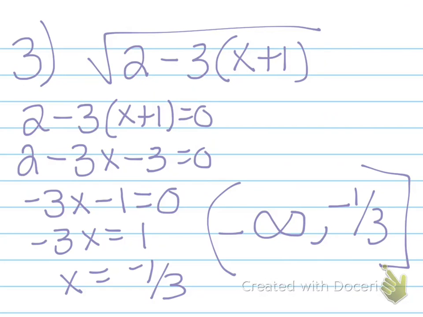If you're not following where the infinity sign goes, whether it can be greater than or less than, test a value, like I said, that's less than negative 1/3 and greater than negative 1/3, and see which one gives you a positive value under that radical, and then that's the side we want to go to. So in this case, we're going to go to the left side of the number line, lower and less than negative 1/3.